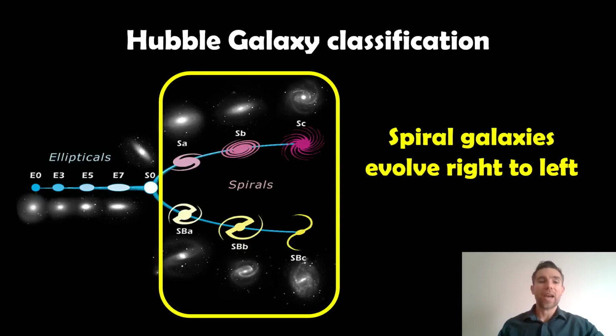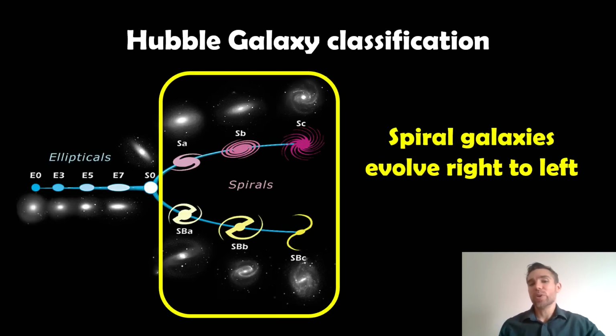So before we do that, if you haven't come across my videos before, or you're not really sure about galaxies in general, we have this classification system of galaxies, and you typically have spiral galaxies and elliptical galaxies. They're your key main significant large galaxies. Now, the spiral galaxies on this tuning fork typically evolve right to left.